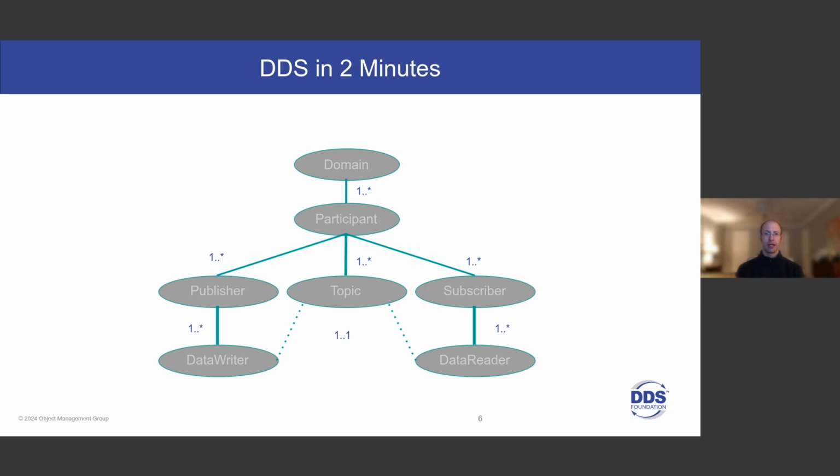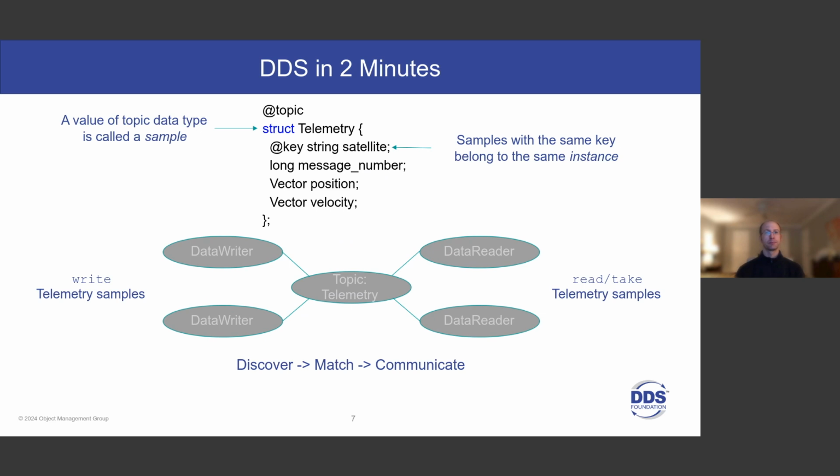Each participant has publishers and subscribers, and a publisher has a number of data writers, and a subscriber has a number of data readers. The data writers and the data readers coordinate messaging through topics. So a topic can have multiple data writers and multiple data readers, and they use a publish-subscribe model to communicate.